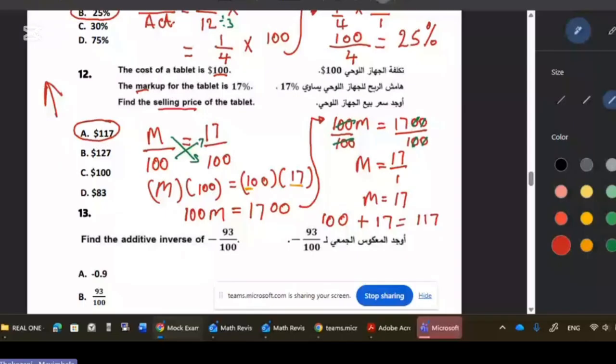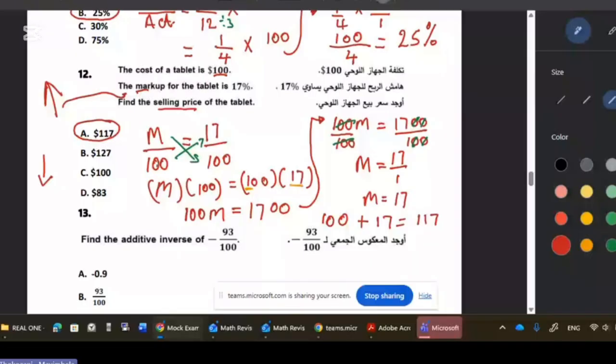I like to use M, just so that I know I'm working with the markup. You can use any letter. So I will say M over the cost that they gave me, which is 100 for the tablet.